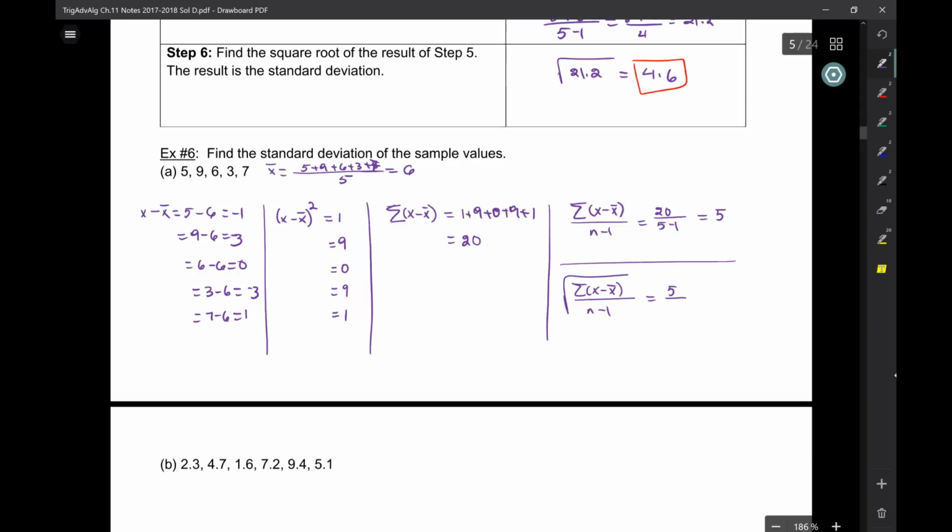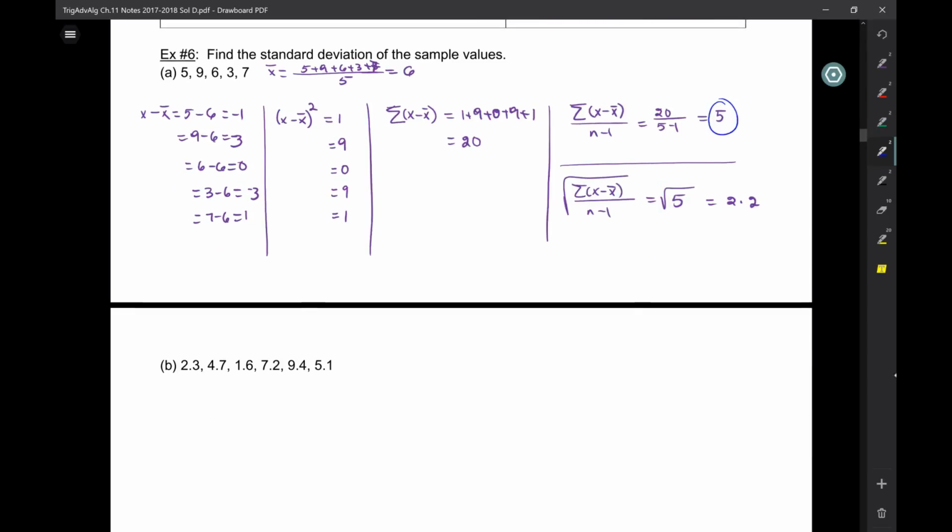Square root of 5, 2.2. No, 20 divided by 4 is 5, and now I take a square root of all that. So finally, I say sigma is equal to 2.2.